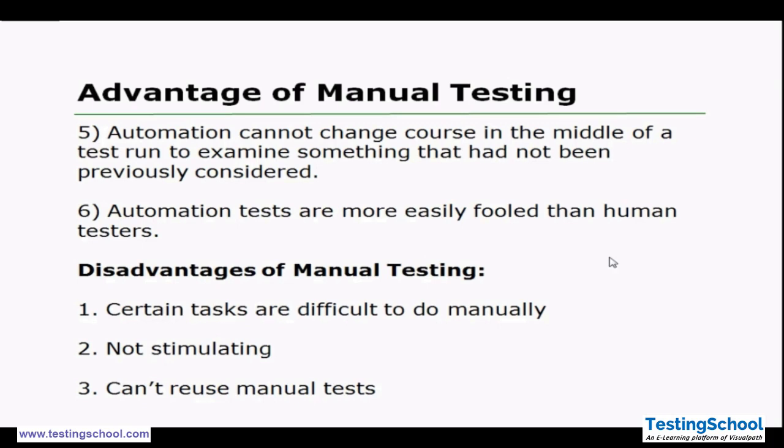You cannot reuse a manual test because it is a human tendency. If you are executing one script, you cannot reuse that script because you have to execute again. But with an automation tool, you can execute that script any number of times. So there are some disadvantages for manual testing.